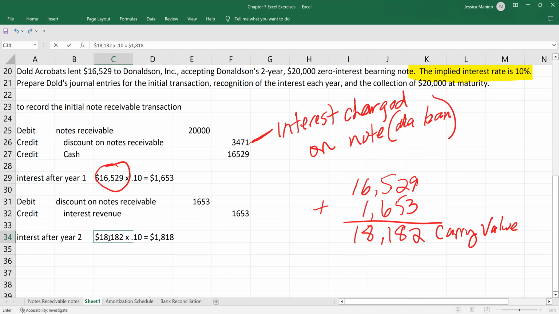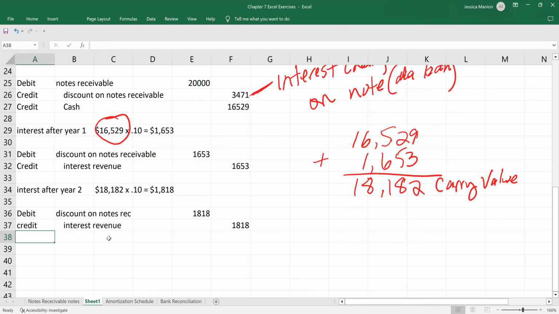If we round up, in this case only 20 cents, that would be our amount for interest after the second year. So same entry, we would debit the discount on notes receivable, 1,818. We would credit interest revenue, 1,818.